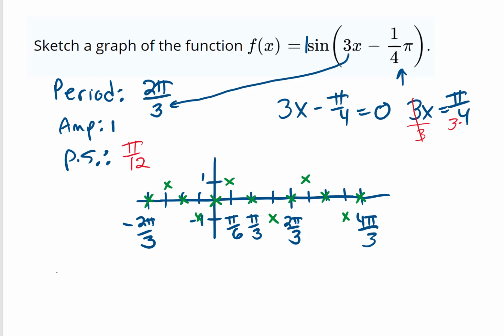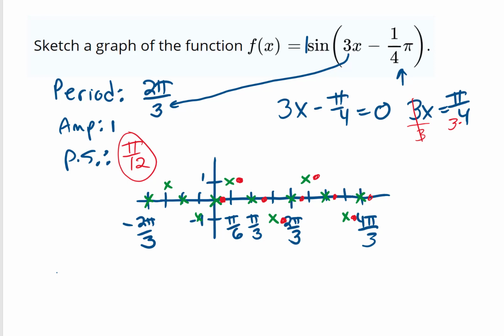Now I'm going to apply the phase shift by taking each point and moving it to the right by pi twelfths. Well, pi twelfths is half of pi sixths, so I'm going to move them halfway between each tick mark. So take this one, move it over half, this one, move it over half, and so forth on all of my x's so that I can get that shifted to the right place.